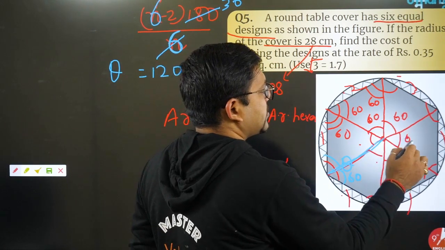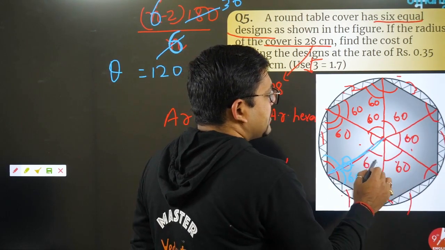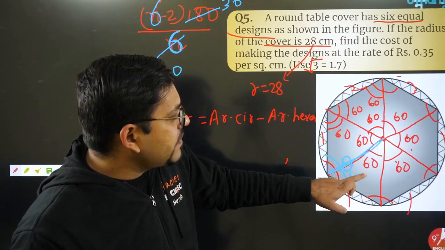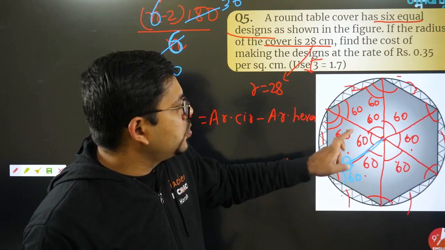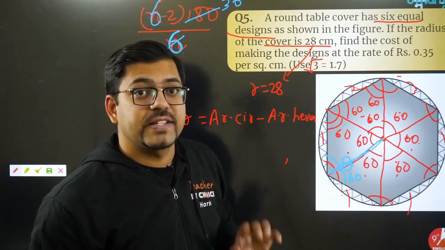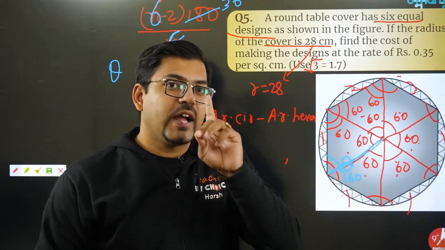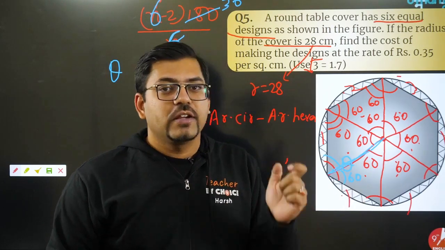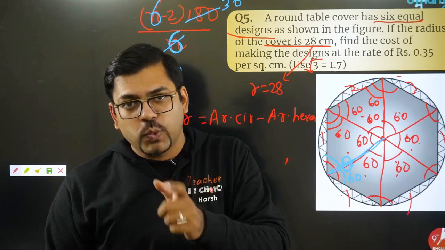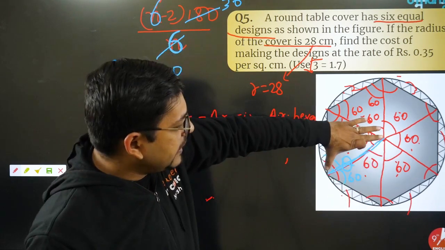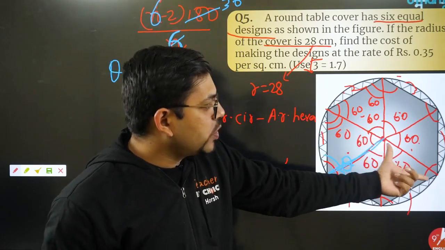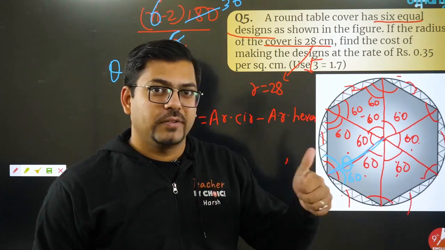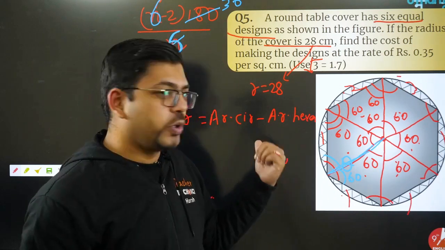This simply means that in this hexagon we will have 6 equilateral triangles. So if you have to find the area of a regular hexagon, just find the area of an equilateral triangle having side length equal to the radius, and then multiply it with 6. That's it. Job done.